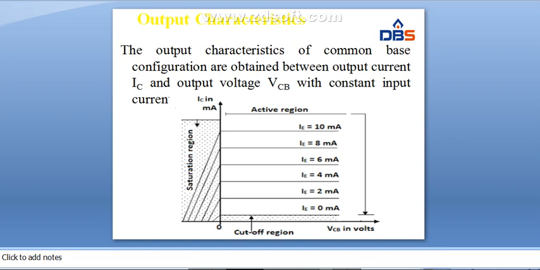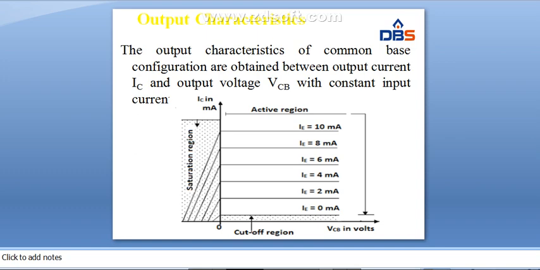So here we have three types of regions: saturation region, active region and cutoff region. See here, this region is active region, this one is the cutoff region and this one is saturation region. The output characteristics are obtained between output current and output voltage with constant input current.